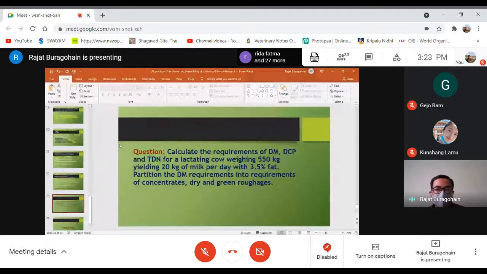Partition the dry matter requirement into requirements of concentrate, dry, and green roughages. Try to solve this by yourself, and if you have any confusion, please ask me.